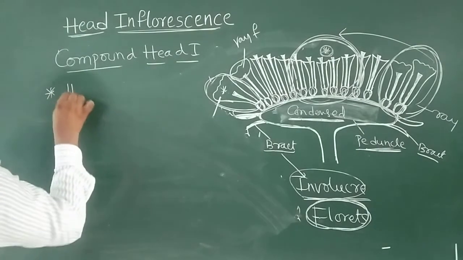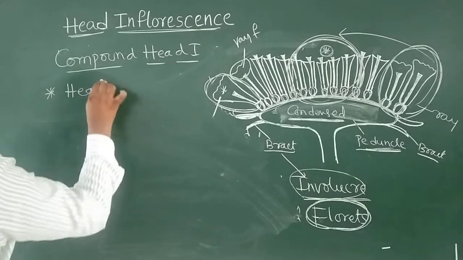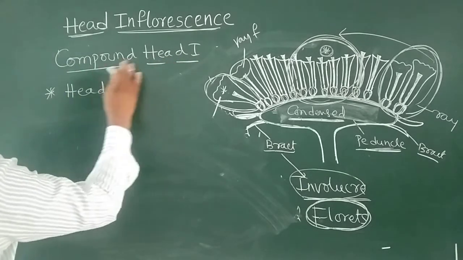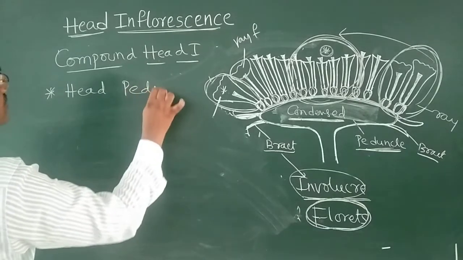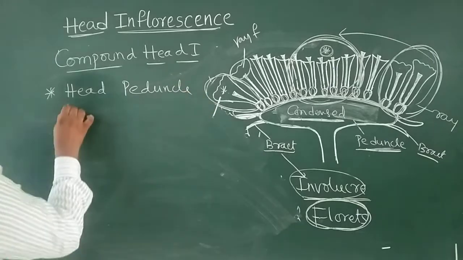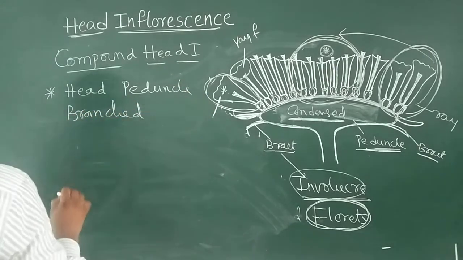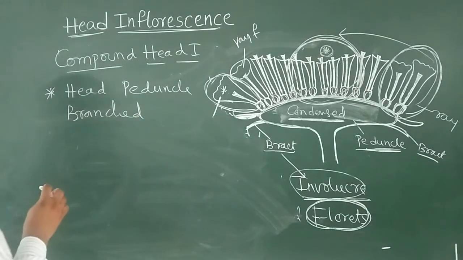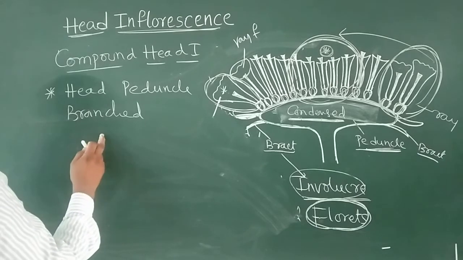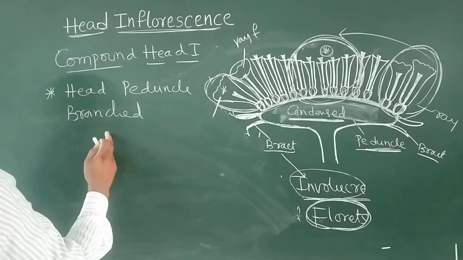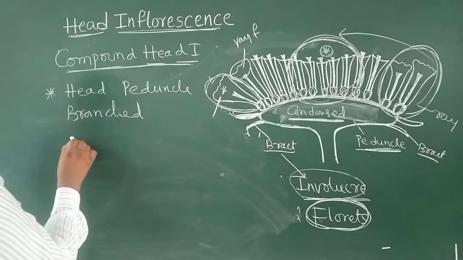In the compound head inflorescence, the peduncle is branched. So this is called compound head. Compound head inflorescence contains a branched peduncle.